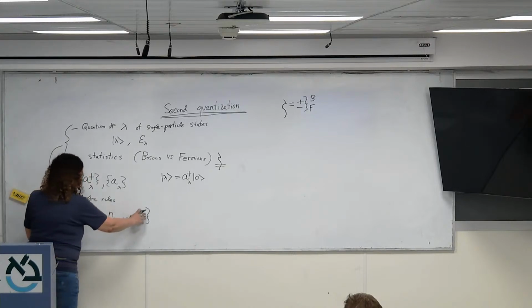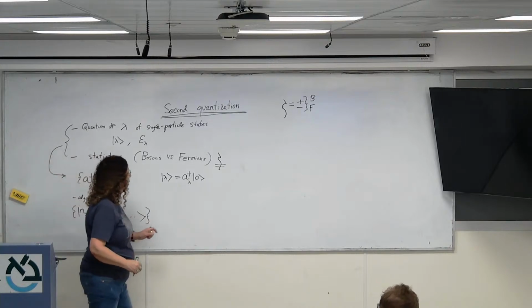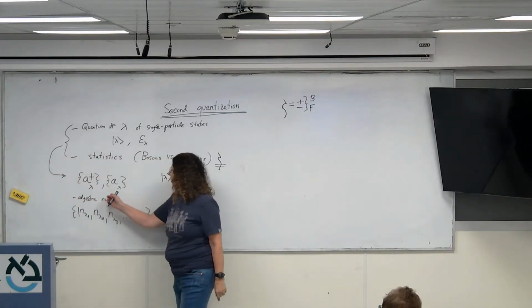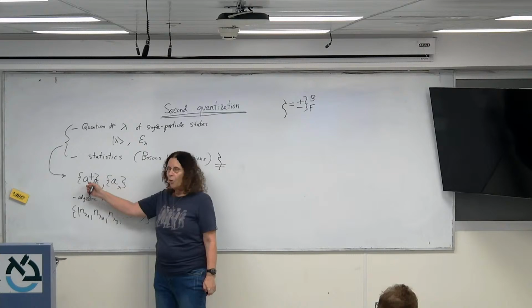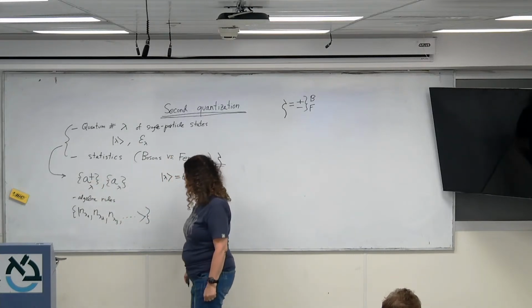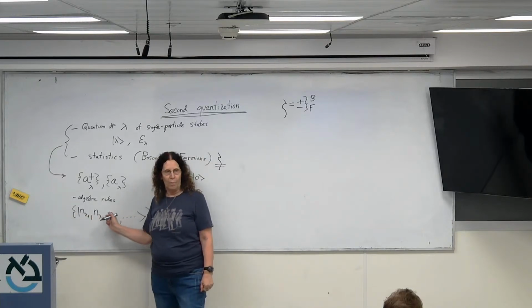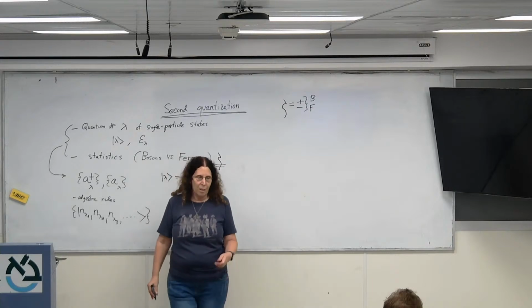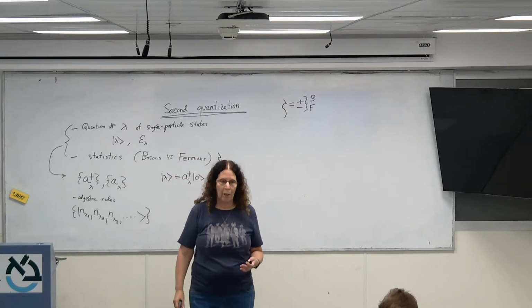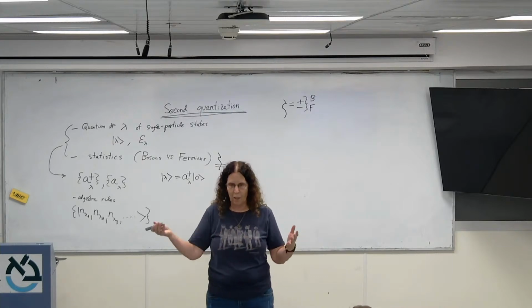So basically I want to know how to define my operators A lambda and A lambda dagger for any lambda. I have to define them according to what they do if they act on such a state. Okay? And this is the way to define an operator. In any basis, you have some basis of states.